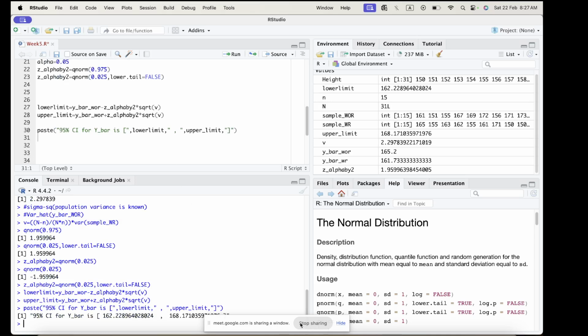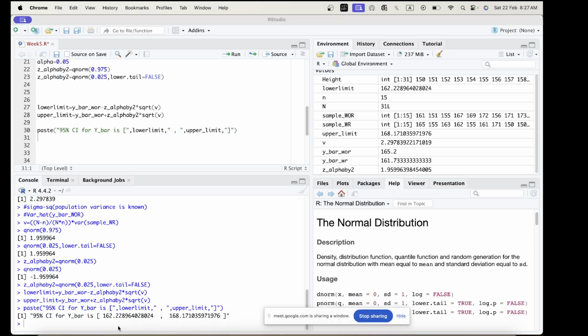So see, here you would get what is the lower limit and what is the upper limit. So based on this sample, I can say that the population mean or average height of the population could be contained in this interval with 95% probability.